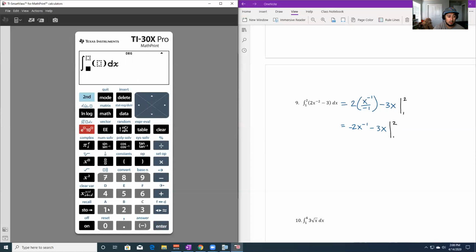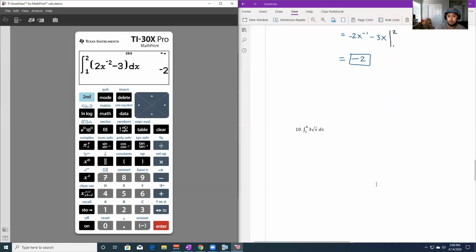Second integral 1 to 2 of 2x to the negative 2 minus 3. And hit enter. Yes. Just making sure we're all good. And we get negative 2. Okay, awesome. Perfect.